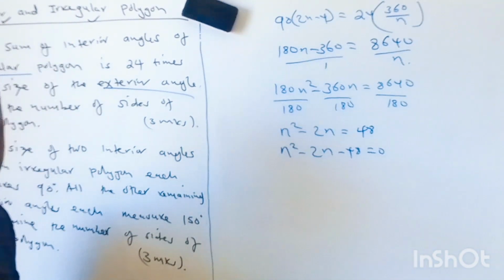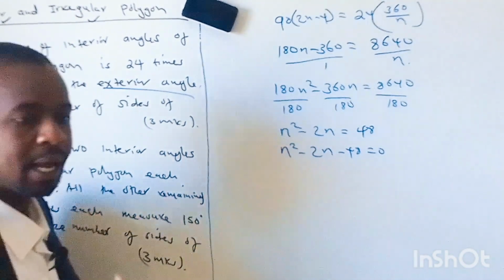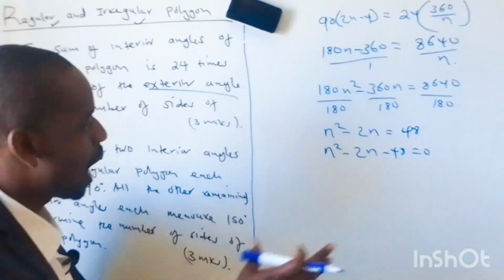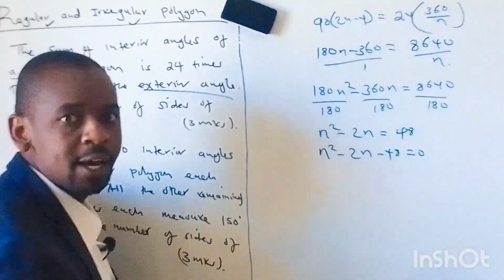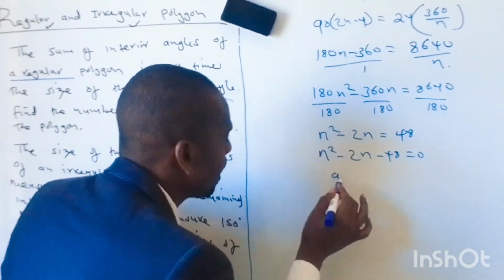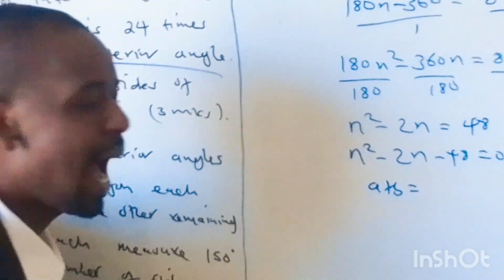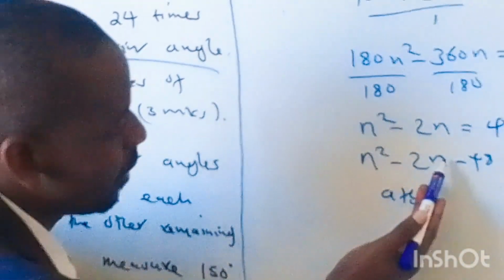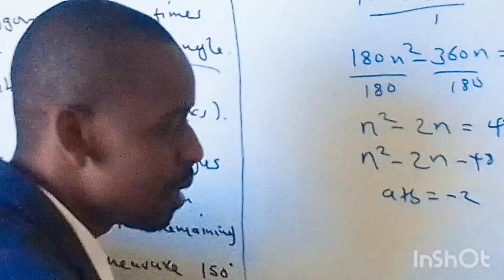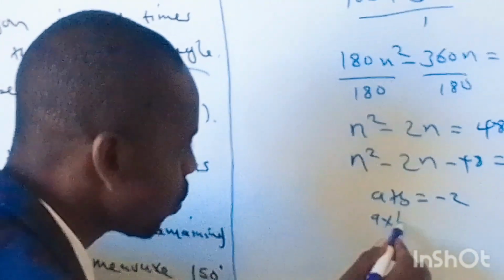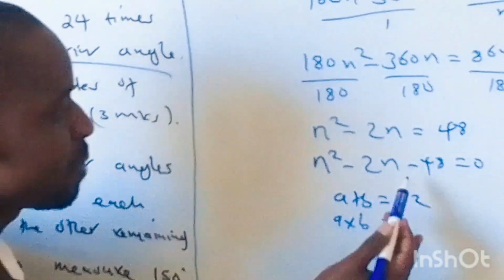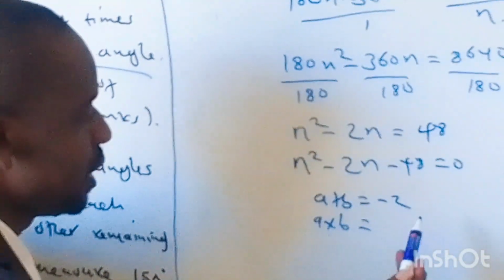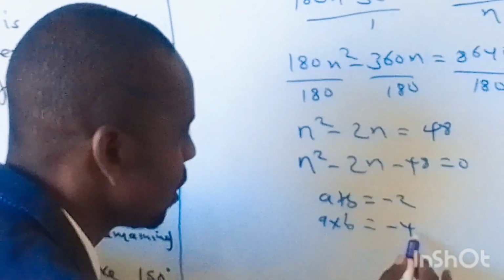So we have the quadratic equation on the board, and I believe that you know how to factorize or solve the quadratic equation. So here you look for the two numbers a and b, that when you add them gives you the coefficient of n, which is -2. But the same two numbers, when you multiply them, give you the coefficient of n squared, which is 1, multiplied by the value of c, which is 48, and that becomes -48.